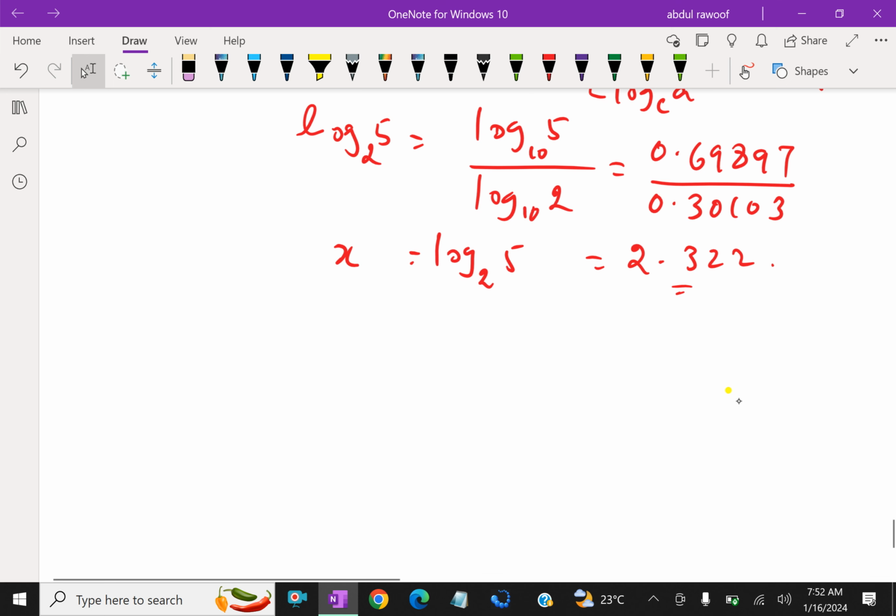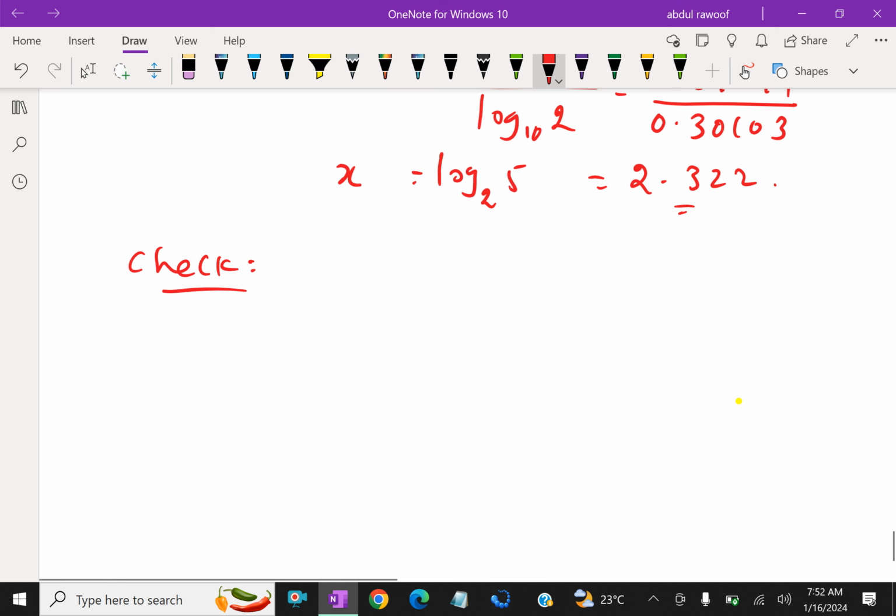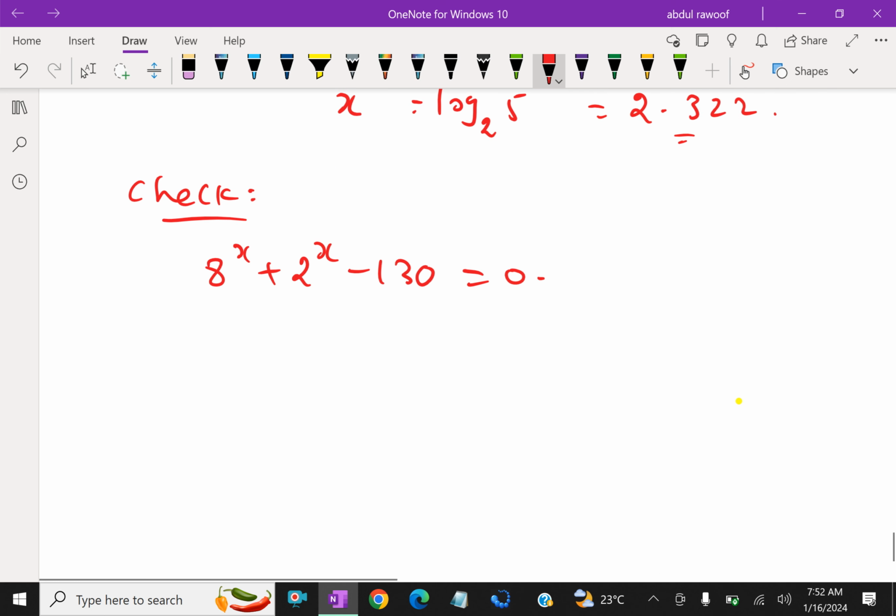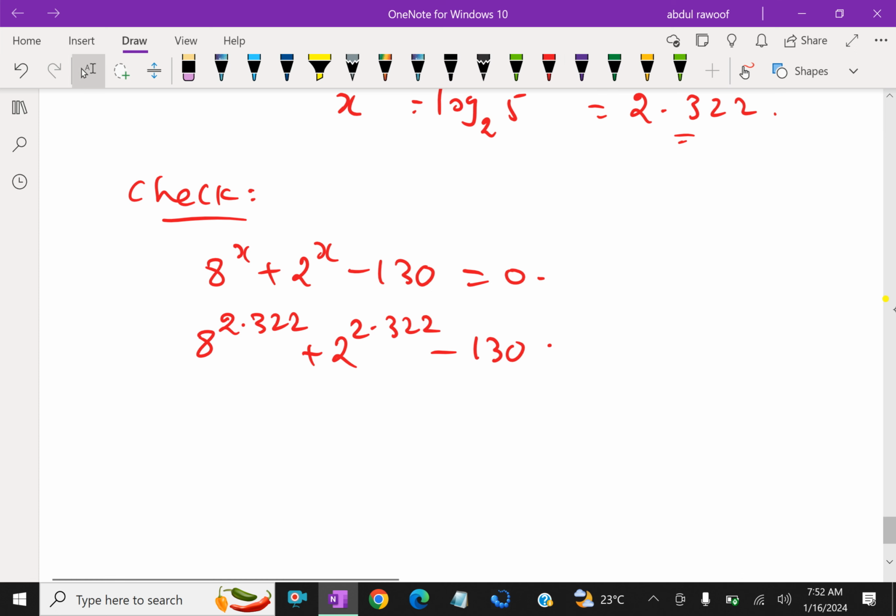We can check this solution. Our equation is 8 power x plus 2 power x minus 130 equal 0. Now 8 power x, with x approximately 2.322, plus 2 power 2.322 minus 130 equals 0.